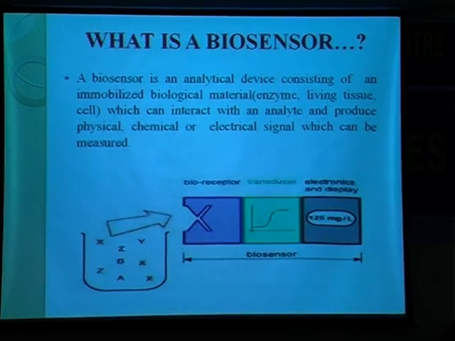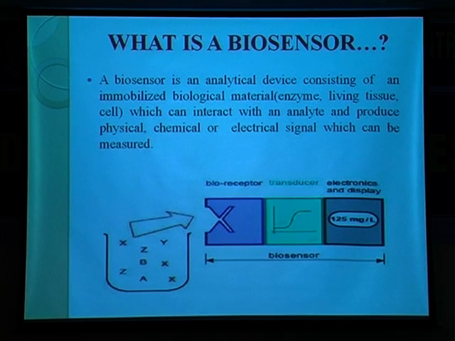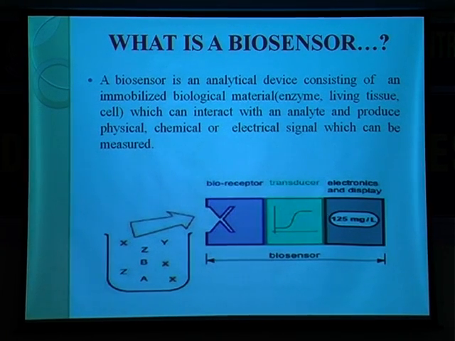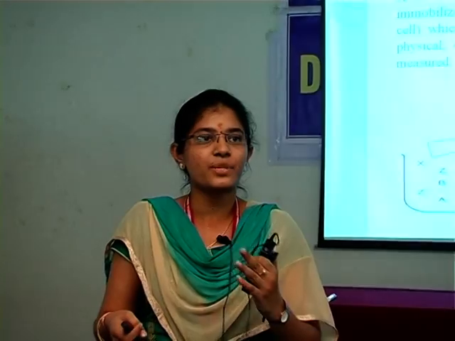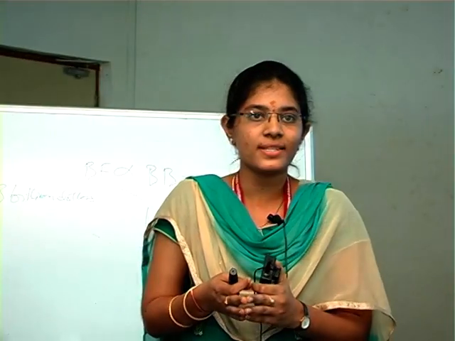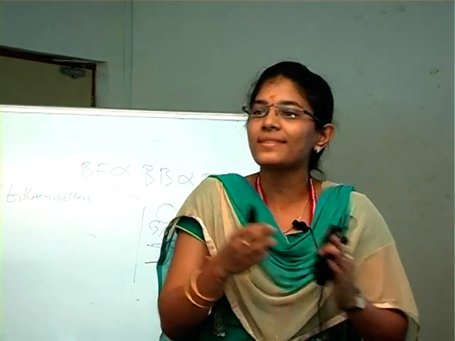Before going to biosensor, what is a sensor? A sensor is a device which will sense a physical quantity present near to it, by an observer or by an instrument. Then what is a biosensor? The name itself tells us: bio plus a sensor.